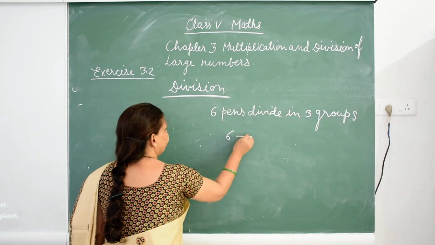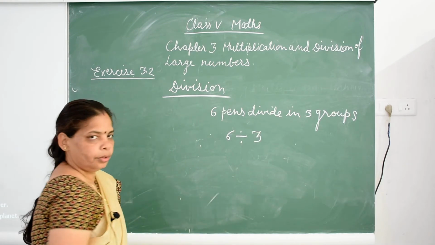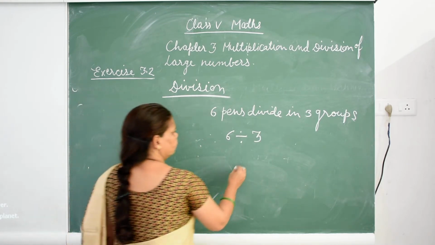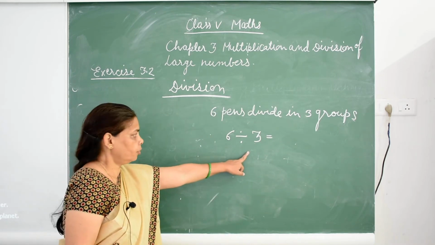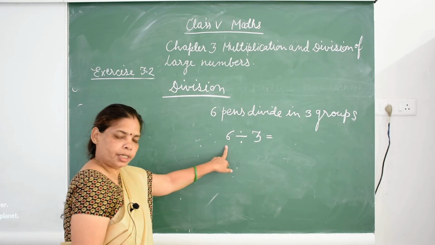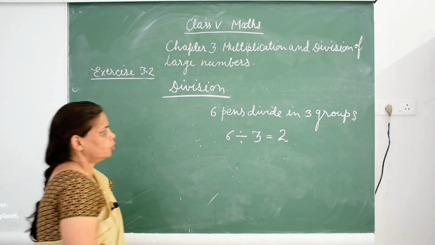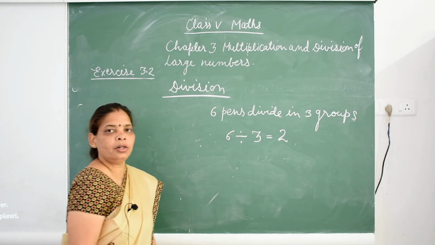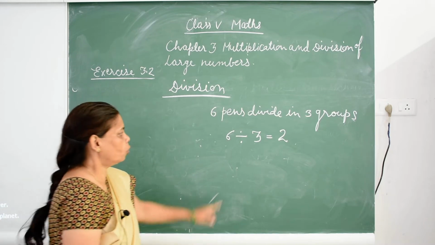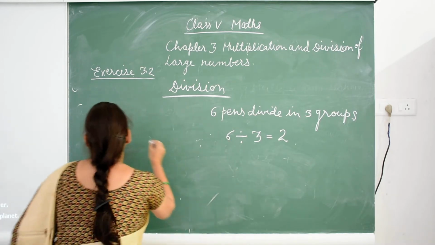So 6 divided by 3. 6 divided by 3 is equal to how many times we read the table of 3 to get the number 6. So 3 twos are 6. So each person will get 2 pens. Here the group is 3. So these are the terms of division.